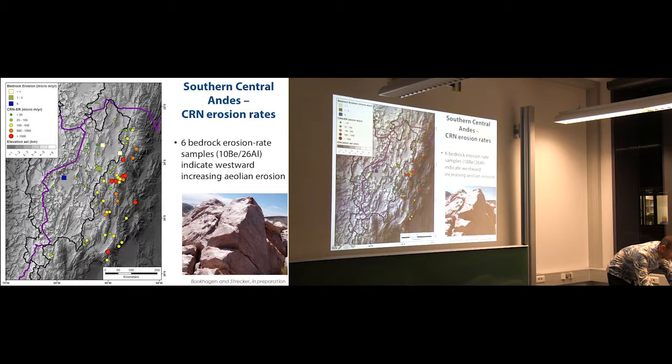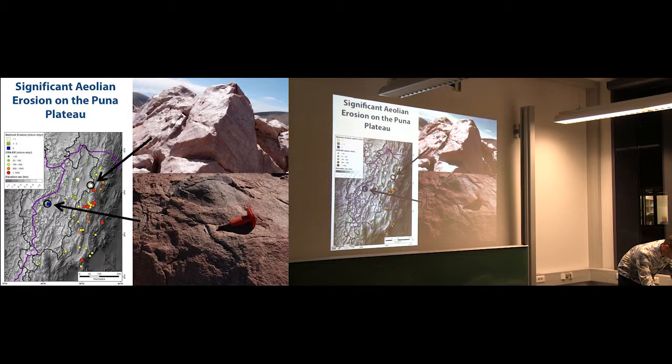And what we have measured in this region is that the wind-driven erosion rates increase from the Puna margin. There the erosion rates are fairly low. And the wind-driven erosion rates in the central Puna are higher than the fluvial erosion rates. So the central Puna is one of these locations, similar to the Tarim Basin and other very arid regions, where there is more material transported through wind than through water.